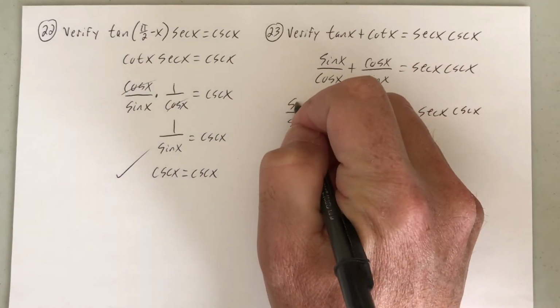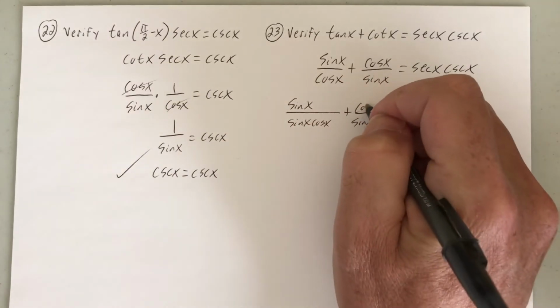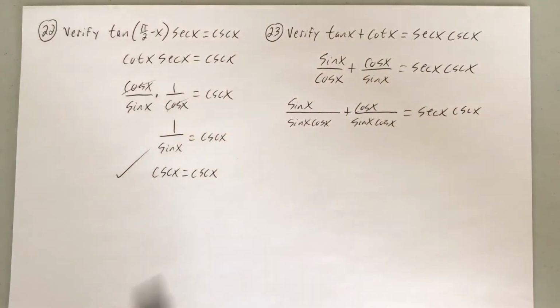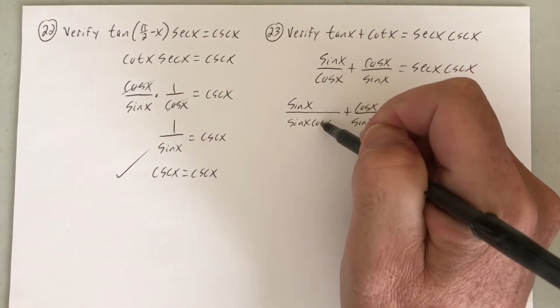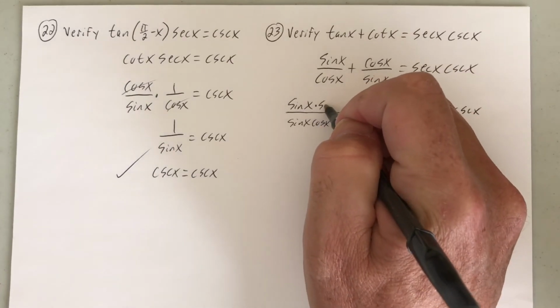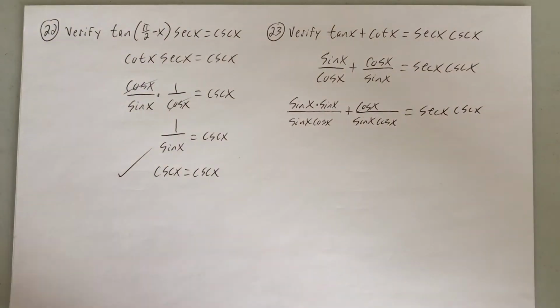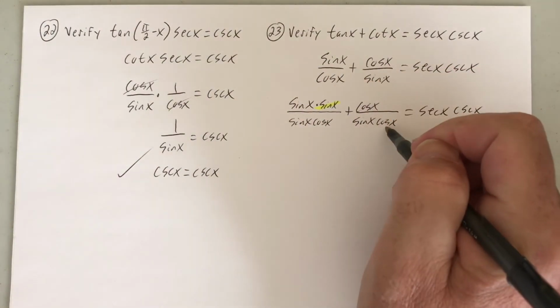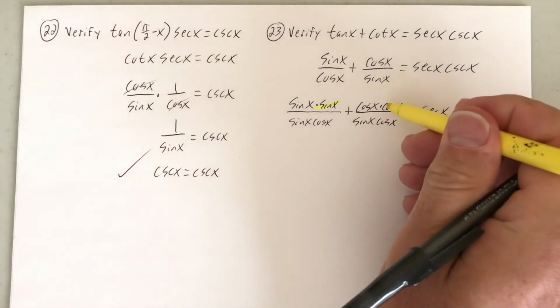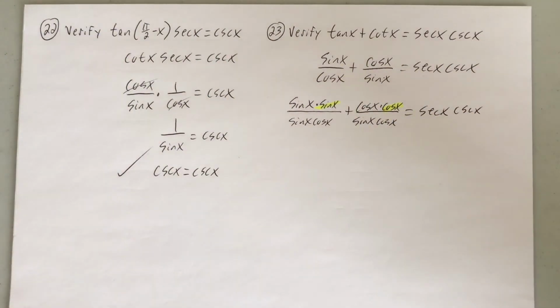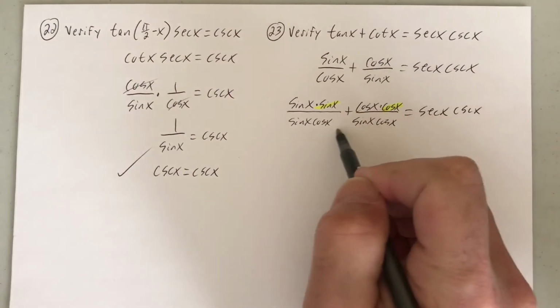Now I already have a sine x here, and I already have a cosine x here. Remember when we were finding the common denominators, when we're doing this with the simplifying problems, you got to correct for the numerator. So in order to make this, I got to multiply by sine x. So that's how I'm going to correct for that. And then in order to make this a sine x cosine x, I got to multiply by cosine x in the top. And then by doing that, now I have my common denominator.